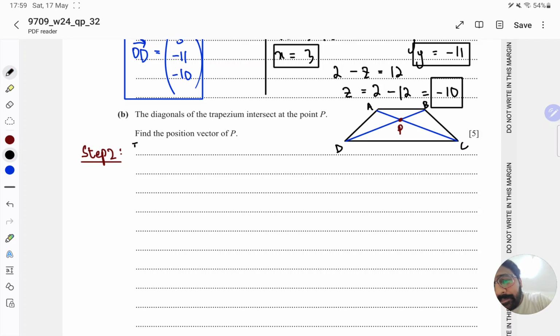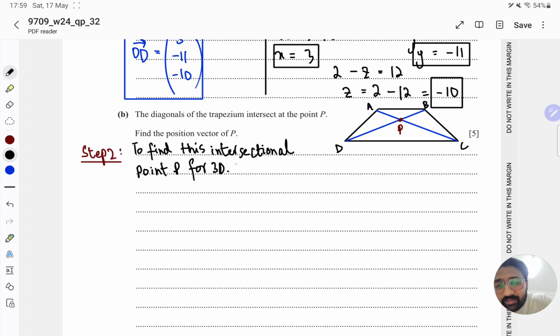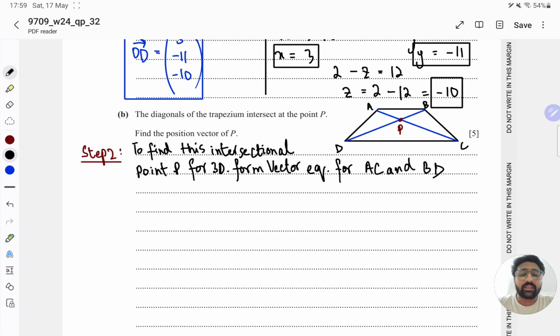So to find this intersection point P, for this 3D diagram, we need to form vector equations for AC and BD, and then we will solve both the equations simultaneously to find that position vector P.